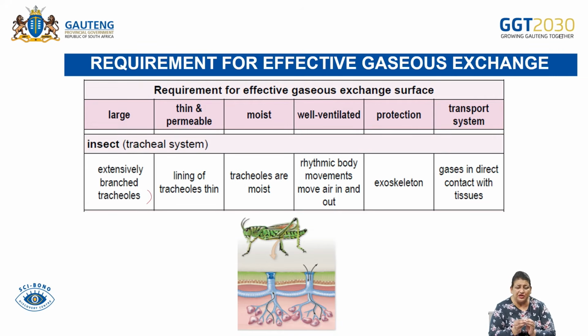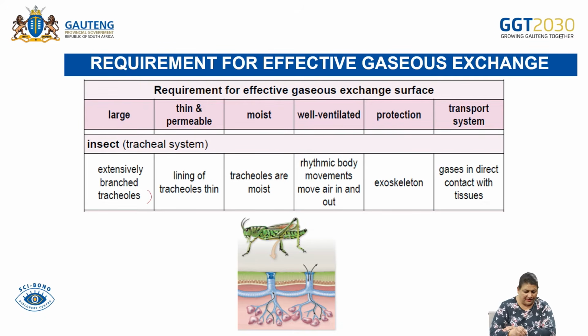They need a special gaseous exchange system, and they have openings on the side that lead to tracheoles, which are little tubes. From there the oxygen will move through these openings into these tubes and into the blood space, and then the blood will move around in the space and transport oxygen to all the cells. So yes, locusts need a specialized gaseous exchange system.